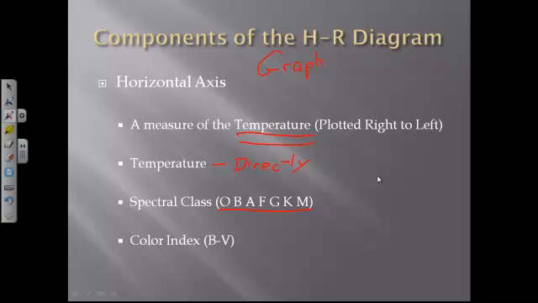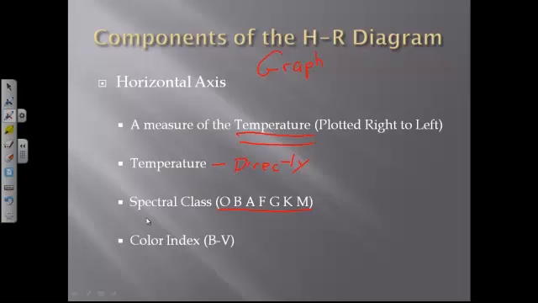With spectral classes, we go from the O stars, the very hottest stars, on the left-hand side, and then down B, A, F, G, K to M, the coolest main stars, on the right-hand side. You're going to plot everything, again, as temperature is increasing as you go towards the left.